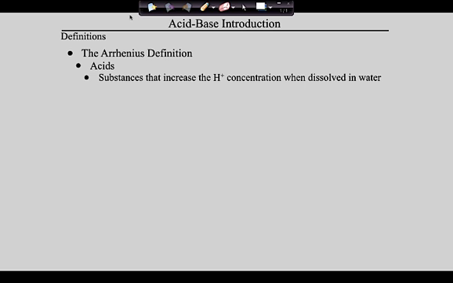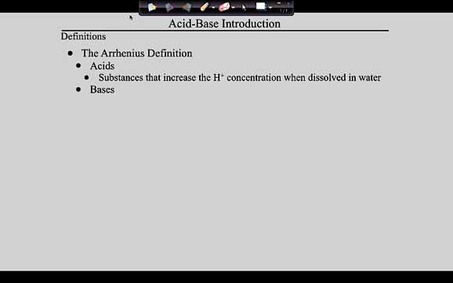Do acids do that? Yes. But what you're going to find out is that this definition is too narrow. The only time the Arrhenius definition really works well is when we're dealing with strong acids and bases. It doesn't do a good job of including weak acids and bases, and therefore we need to expand on it.